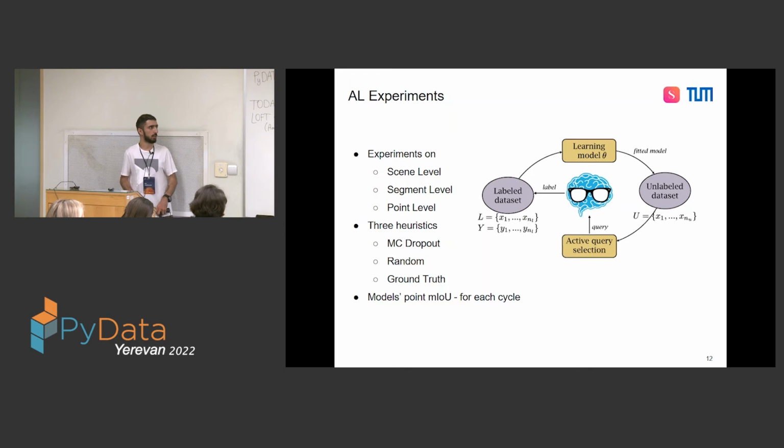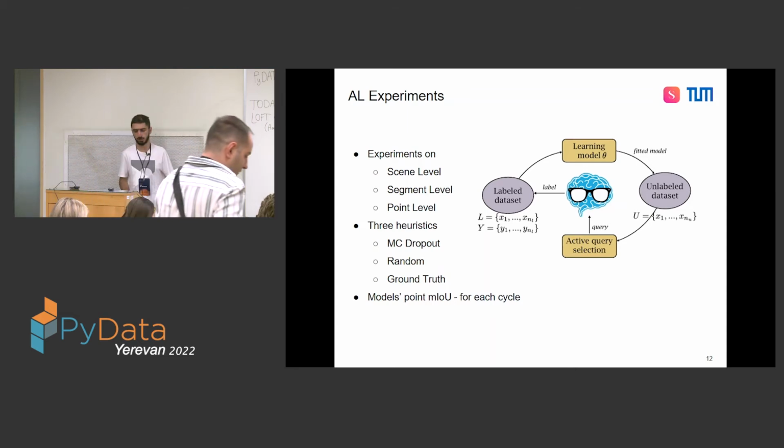And then we can also select a segment from each scene. For example, we can have some over-segmentation of the scene, which doesn't have the class of a segment, but just segments it depending on the color or normal information.